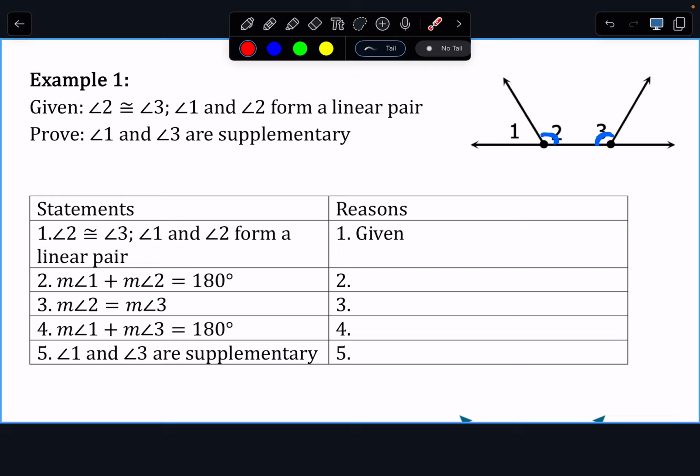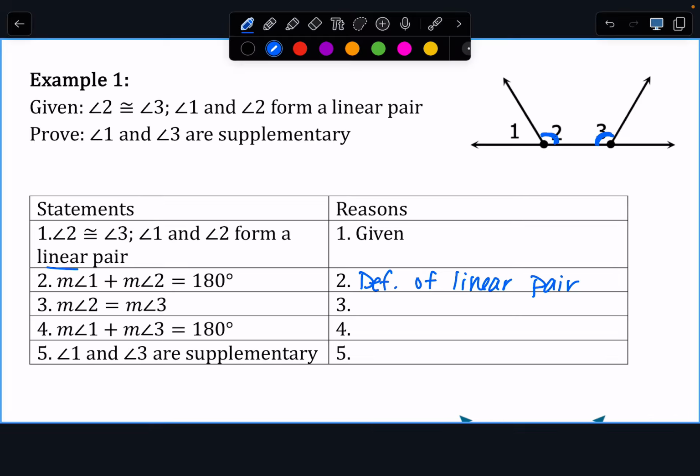Okay, so you can say that. Since it says specifically linear pair, you can say definition of supplementary, or in this case, we can say definition of linear pair. We know that a linear pair means supplementary angles.